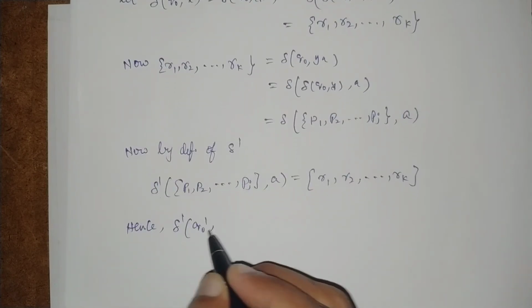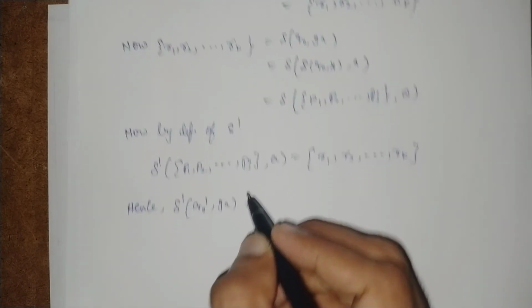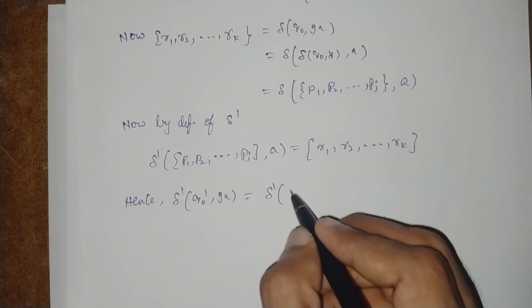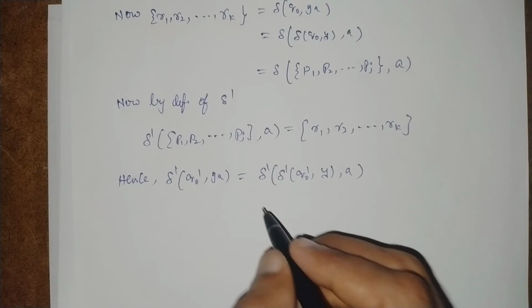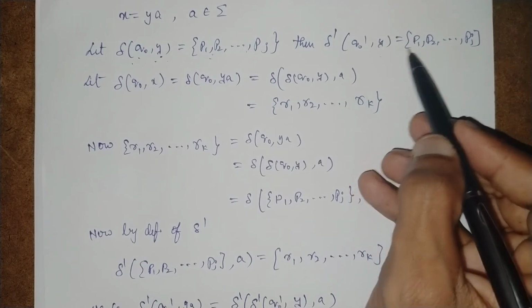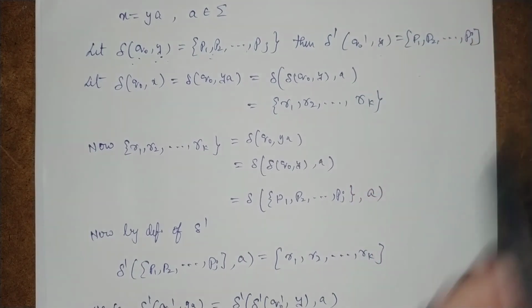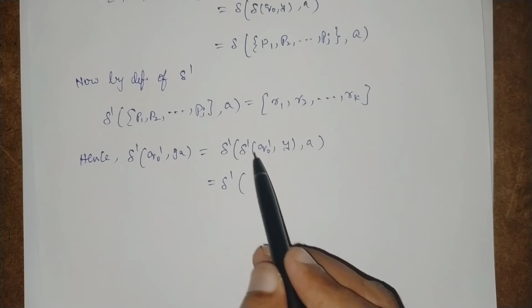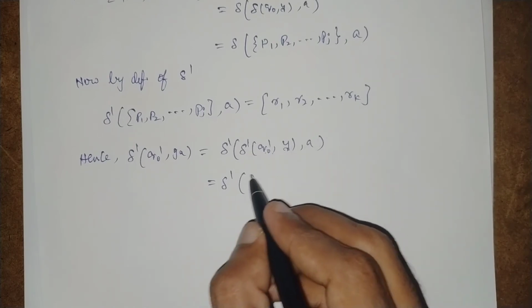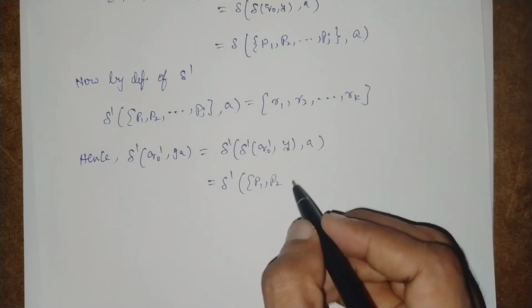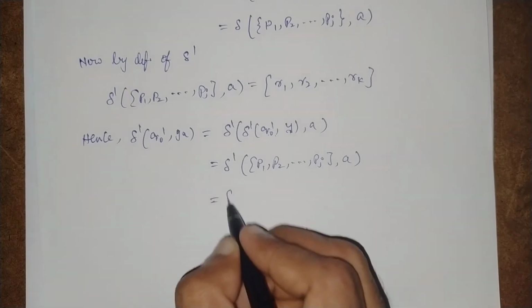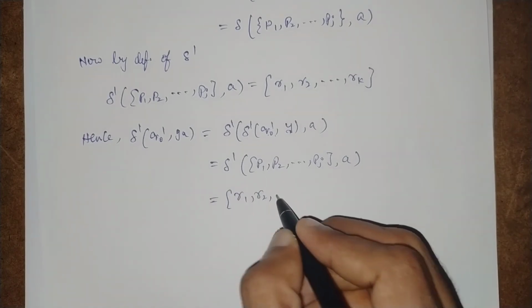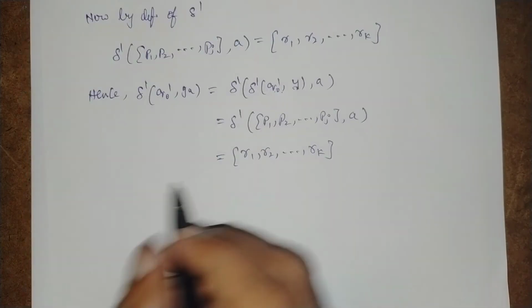Hence delta dash of Q0 dash, x is equal to delta dash of delta dash of Q0 dash w, comma y, which is equal to delta dash of E1, E2, so on, Ez, comma y, which is equal to R1, R2, so on, Rk.